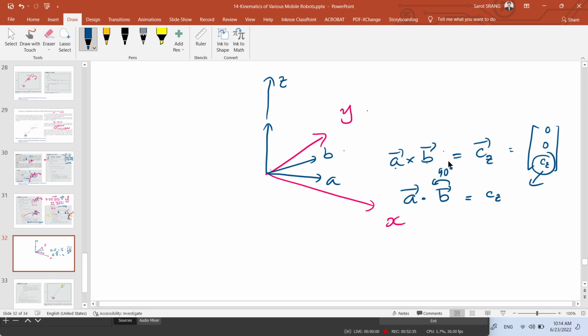So vectors A and B give vector C, which is along the z axis, so it has only a z component. To find this z component, I just rotate B by minus 90 degrees and use the dot product with A. I can get this one.